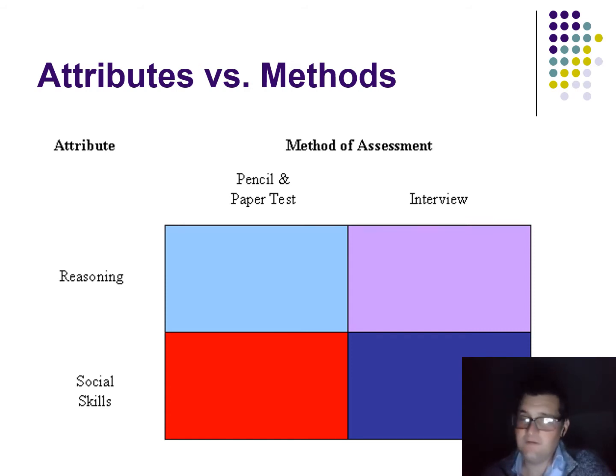But you can use an interview to assess reasoning, and you can use pencil and paper tests to assess at least parts of social skills that are reliably related to other parts of social skills. So in general, once you identify an attribute of a person that you want to assess, you can choose which method you're going to use to do that assessment.